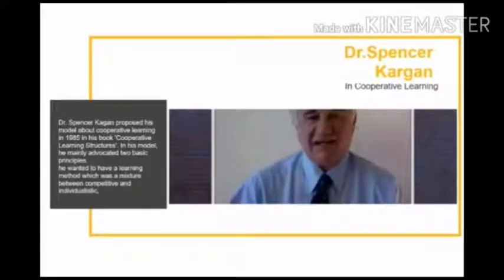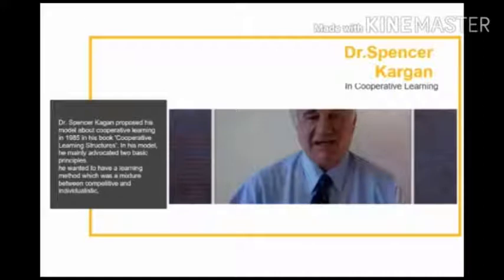Dr. Spencer Kagan was the pioneer in cooperative learning. He proposed his model about cooperative learning in 1985 in his book entitled Cooperative Learning Structures. He also advocated two basic principles which have a big impact on these techniques.